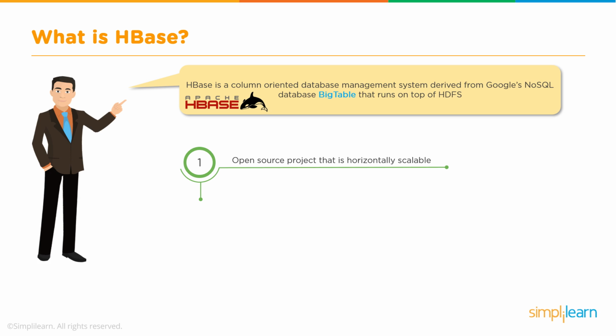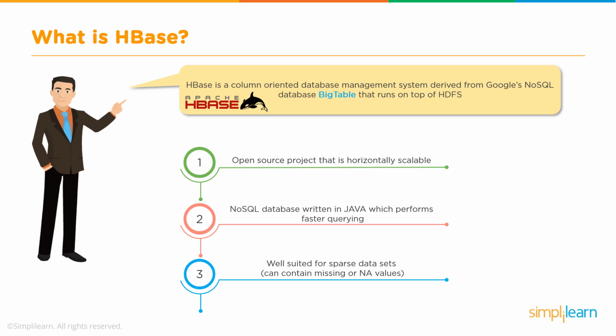You're expanding it by continually adding commodity machines. And so it's a linear cost expansion as opposed to being exponential. It's a NoSQL database written in Java, which permits faster querying. So Java is the backend for the HBase setup. And it's well suited for sparse data sets. So it can contain missing or NA values, and this doesn't bog it down like it would another database.